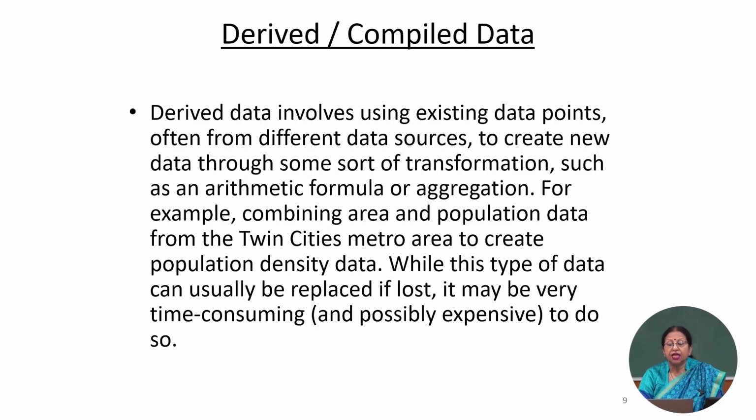For example, combining area and population data from the Twin Cities metro area to create population density data. So if such a thing has to be done, one is derived based on the previous data that was collected, or it is compiled together.